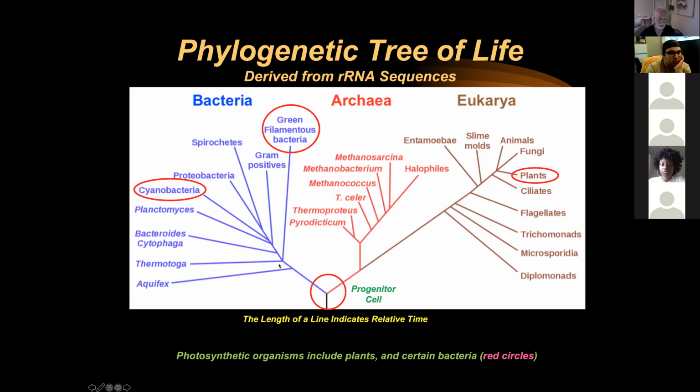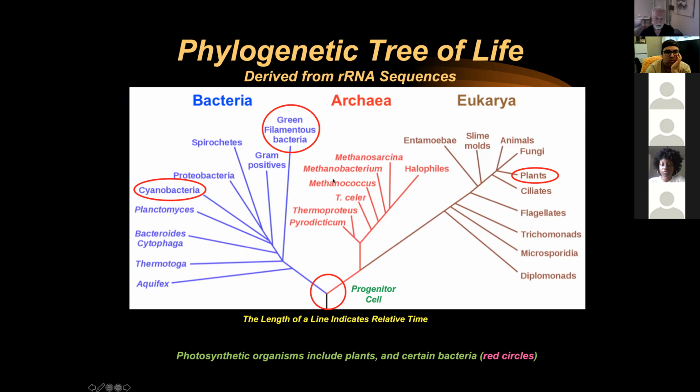So we have bacteria on the left, archaea in the center, and eukarya on the right. I won't say much about these. The archaea, as you know, are extremophiles. They live in extreme environments. So halophiles, for example, live in highly salty environments.